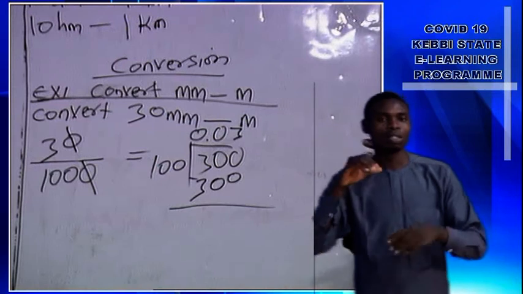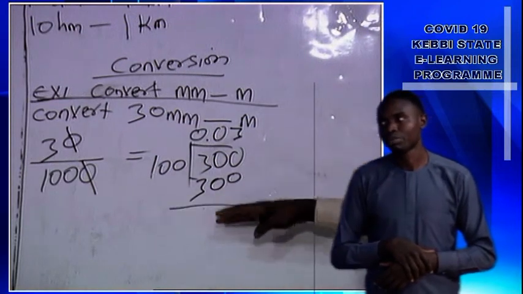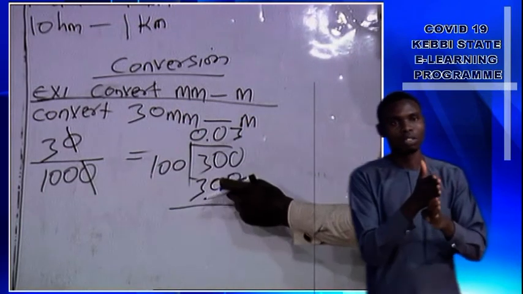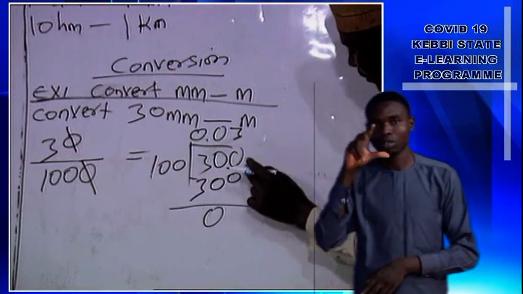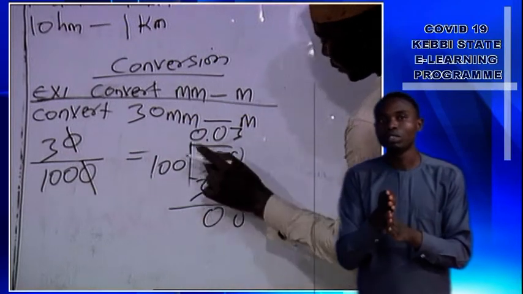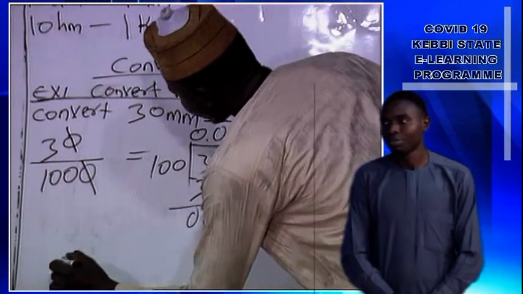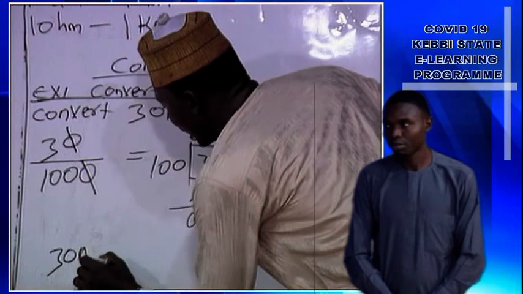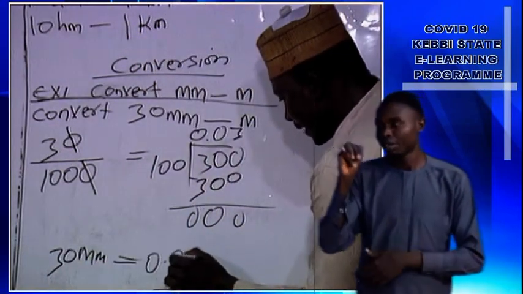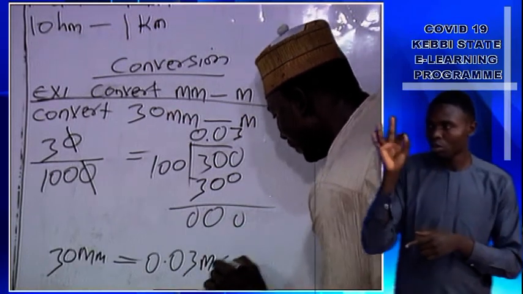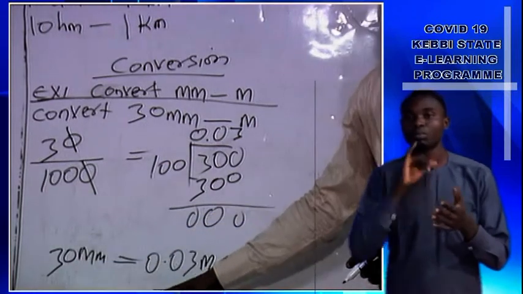We are going to underline and subtract. 300 minus 300 is 0. So this means that 30 millimeters is equal to 0.03 meters. So this is how we can convert millimeters to meters.